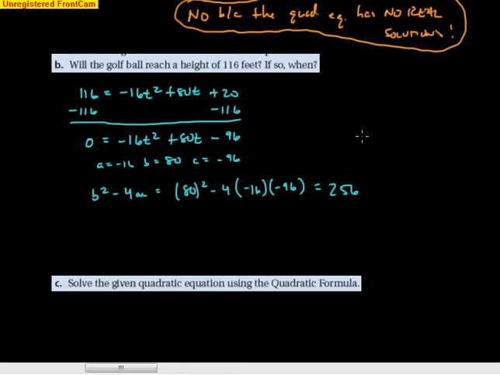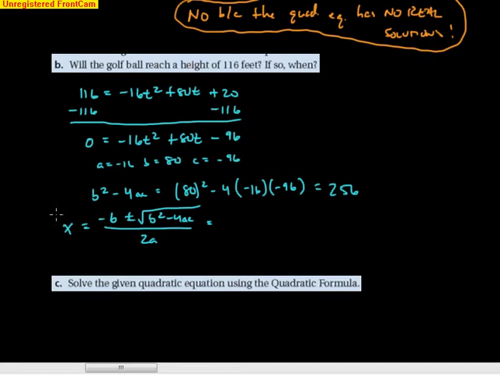However, I am going to use the quadratic formula. Just simpler right now because I have the discriminant, and that negative 16 is in front of t squared, it's the a value. I don't want to deal with having to get rid of that. So I'm going to use the quadratic formula, which says x equals opposite of b plus or minus the square root of b squared minus 4ac all over 2a.